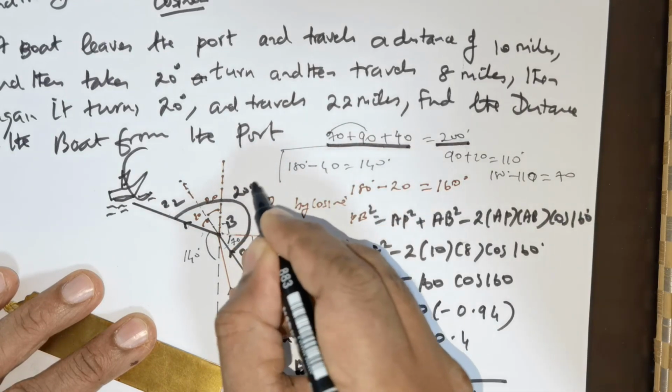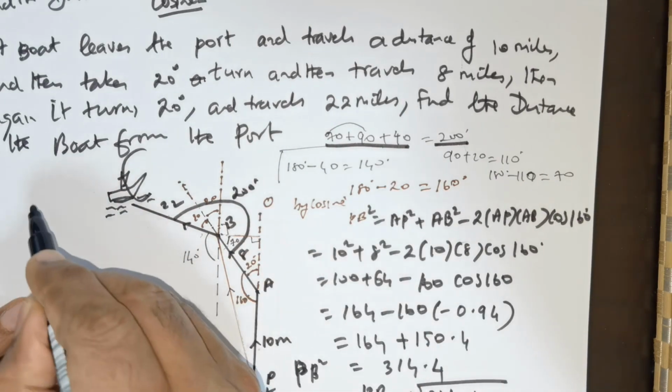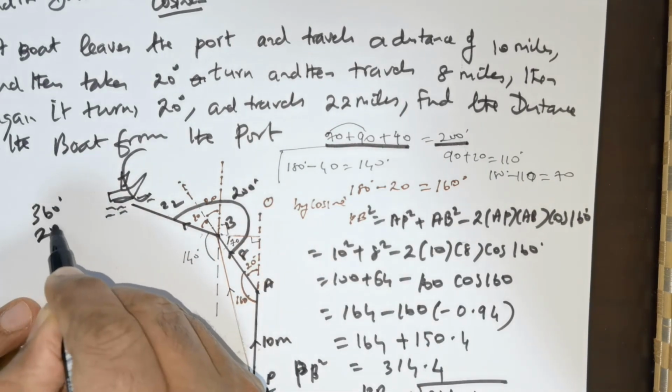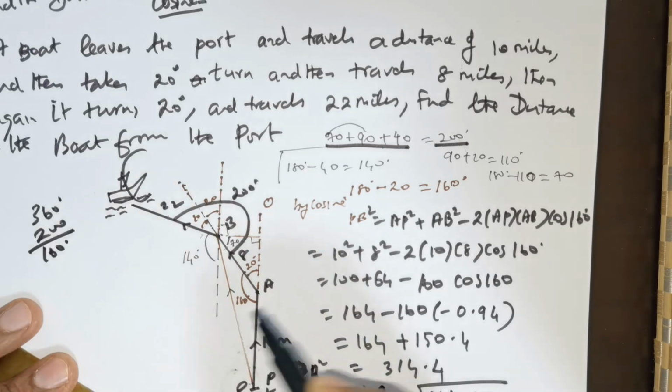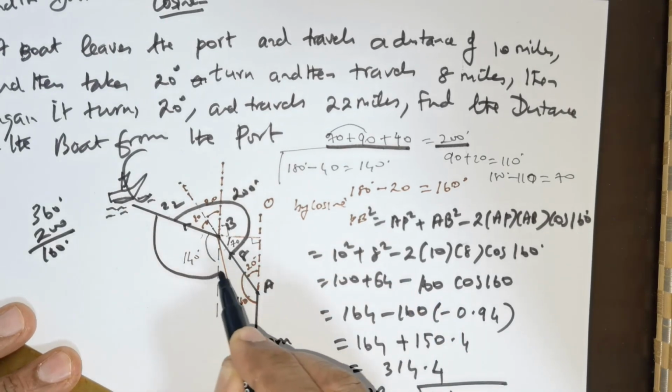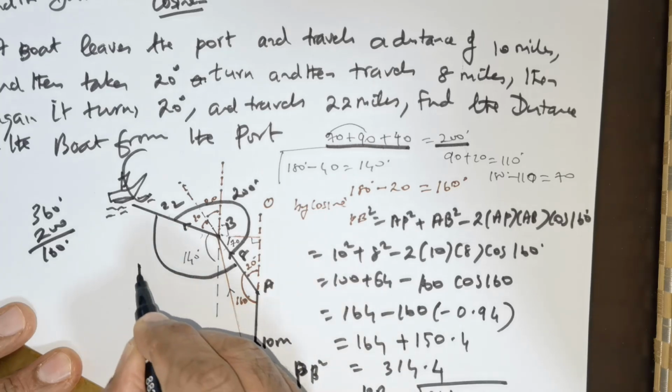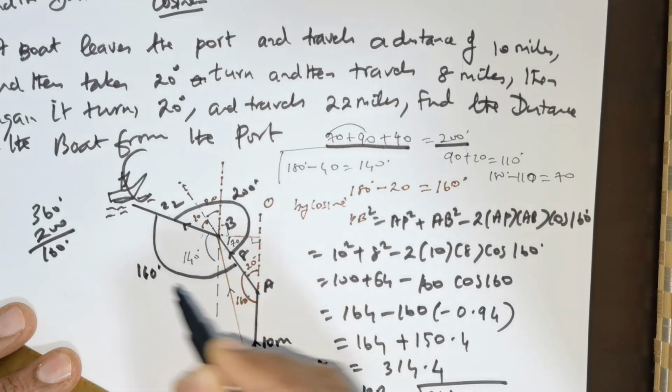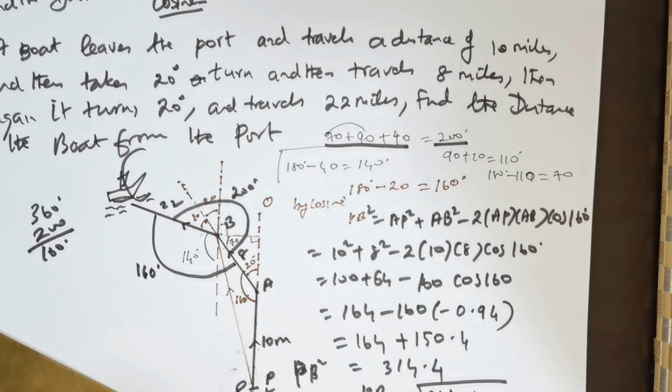So this is 200 degrees. Now the total circle is 360, so you subtract 200, you get 160. So this entire distance, that arc, is 160 degrees.